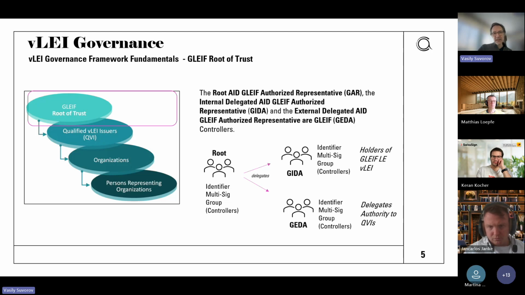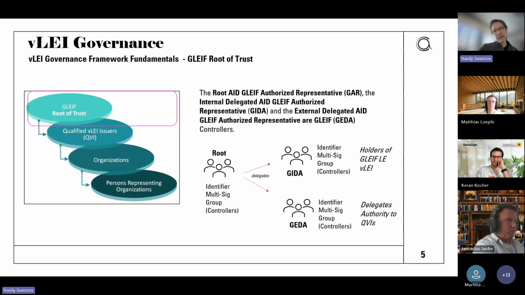And then they basically delegate two types of identities. So you have GLEIF internal delegated AID representatives, or GIDA, and then external, called GEDA, right?